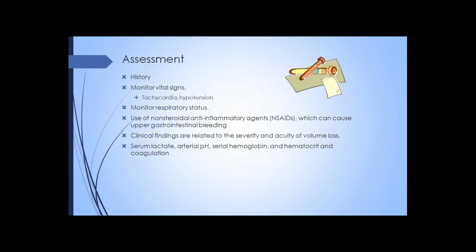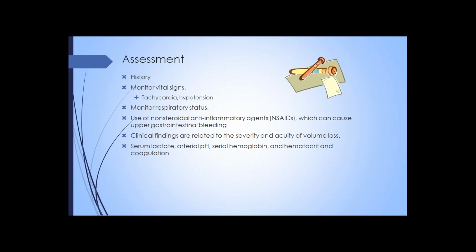You already know how to do an assessment, so I'm not going to go through that with you. But please remember, it's important to get the history of these patients because sometimes it will give you some good information. You definitely want to keep monitoring continuously the patient's vital signs. Please monitor that tachycardia and that hypotension. You want to look at your respiratory status because remember, the harder the body works, the higher the respiratory rate you're going to have.